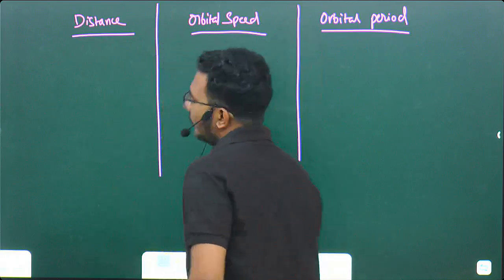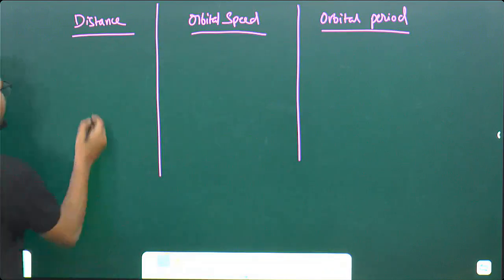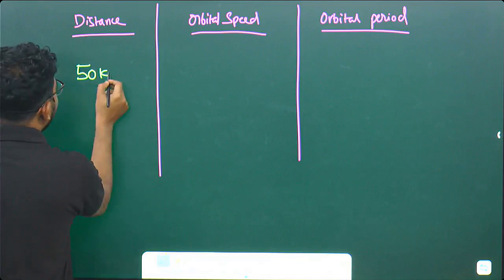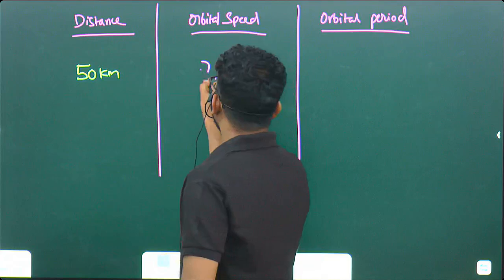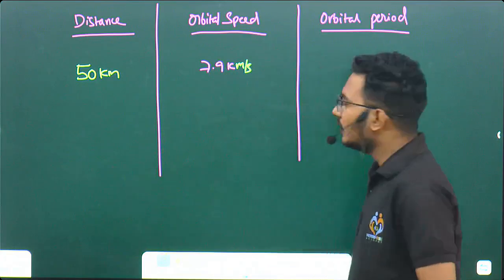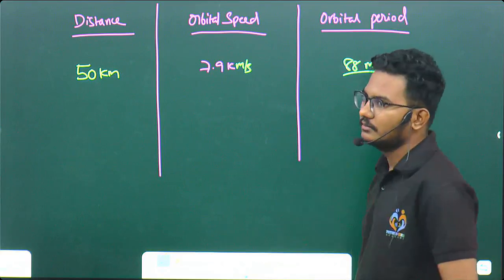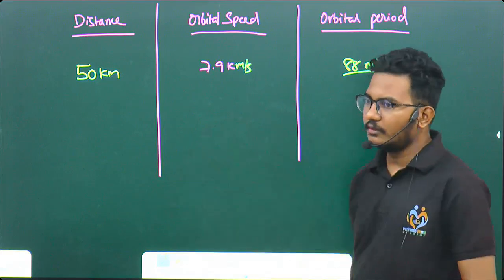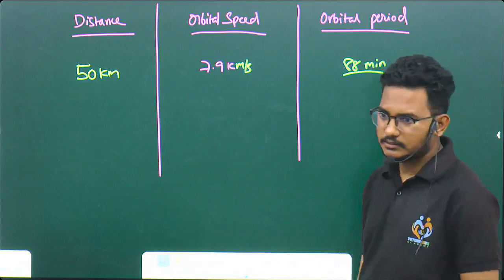Okay. So in low Earth orbit, if I'm placing a satellite at 50 kilometers, then the speed must be 7.9 kilometers per second, and it will take 88 minutes to cover one orbit.